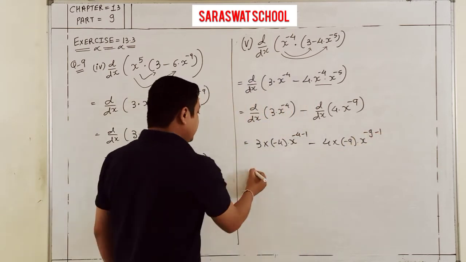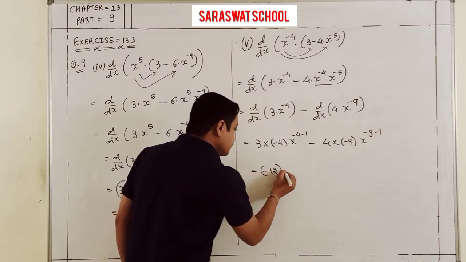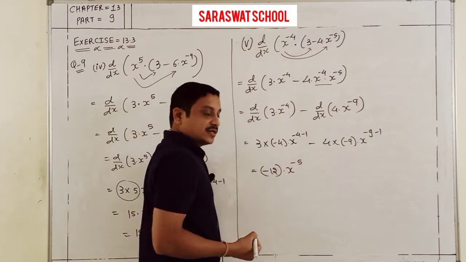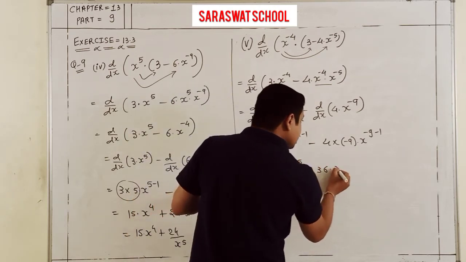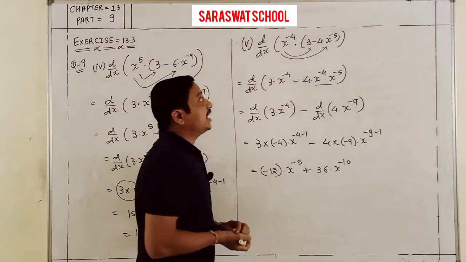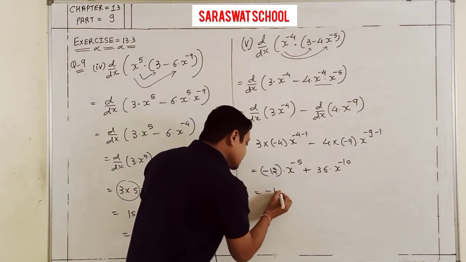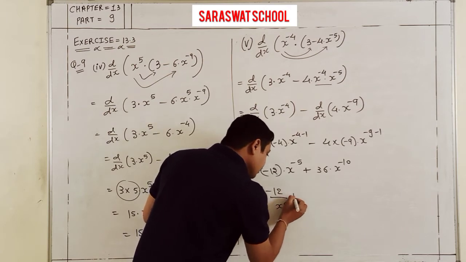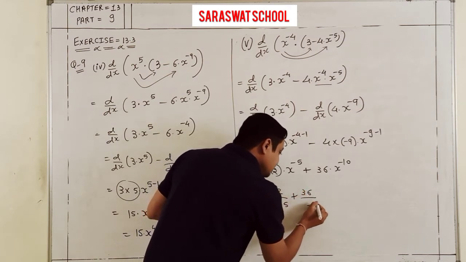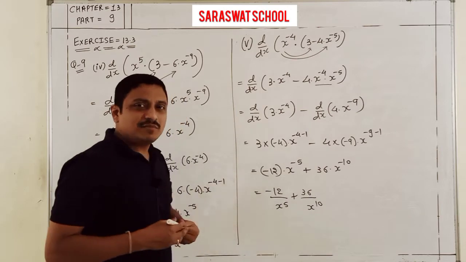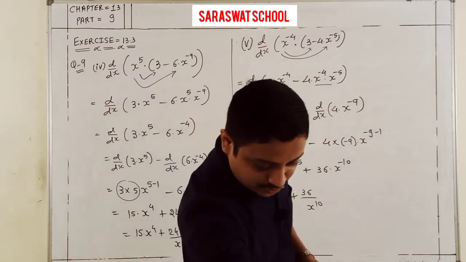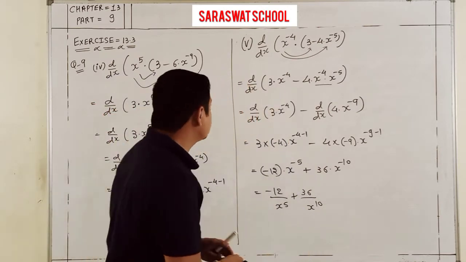So totally you get minus 12 x raised to minus 5. Same, 9 fours are 36 x raised to minus 9 minus 1, means minus 10. So finally you will arrange x raised to 5 plus 36 x raised to 10, and that's your simple and easy answer.